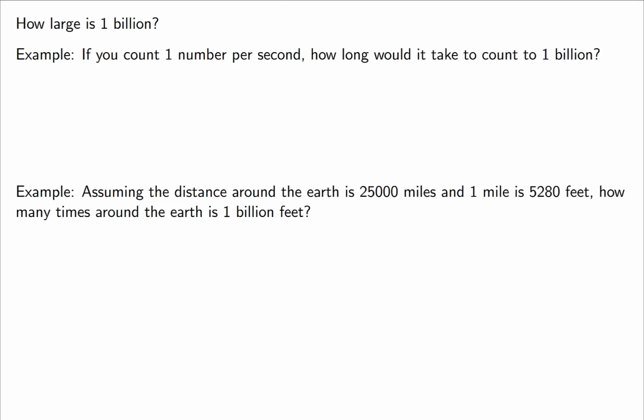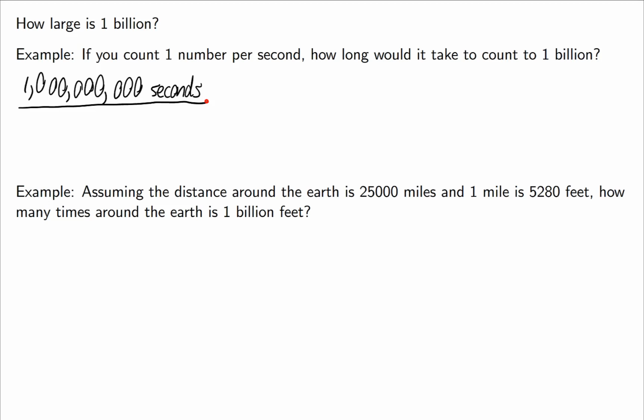Let's try 1 billion. How long would it take us to count to 1 billion if we go one number per second? 1 billion has 9 zeros, so we're looking at 1 billion seconds, and then we need to divide this out. Let's be a little bit faster this time.